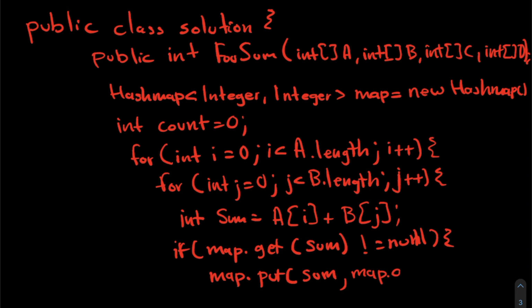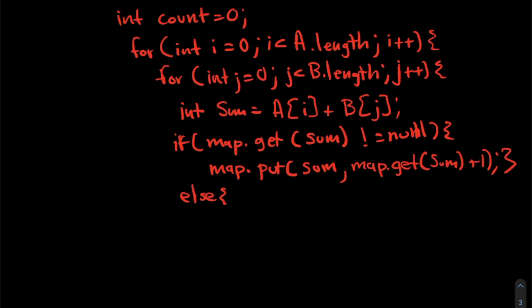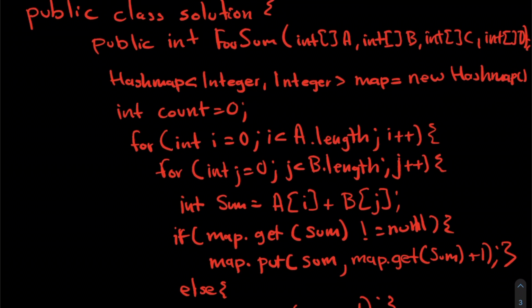So here we're going to do map.put(sum, map.get(sum) plus 1). And then our else statement is going to be map.put(sum, 1). That's it for the first two for loops.